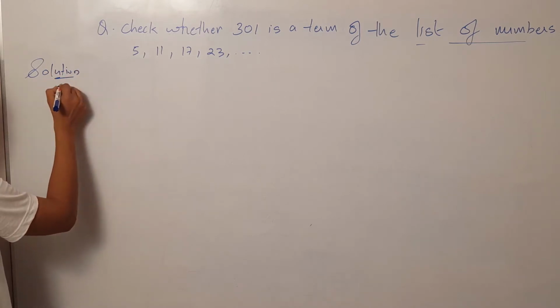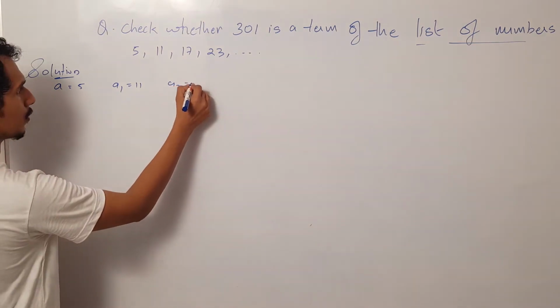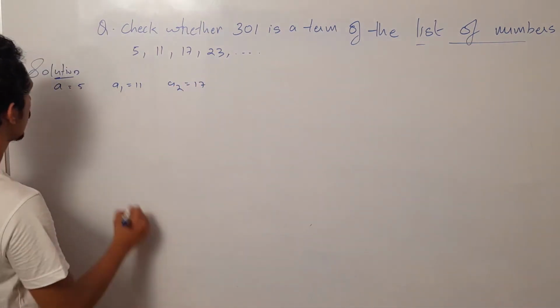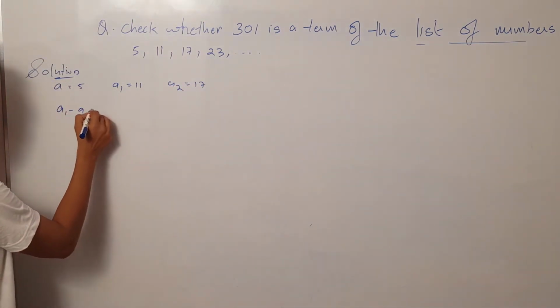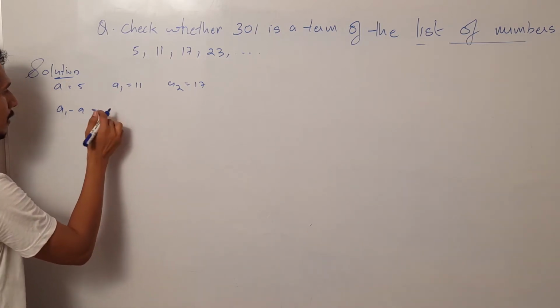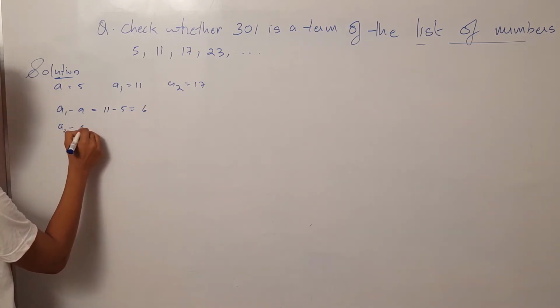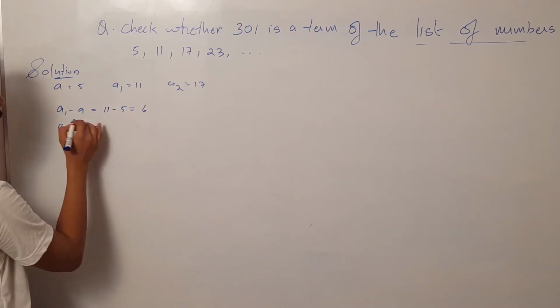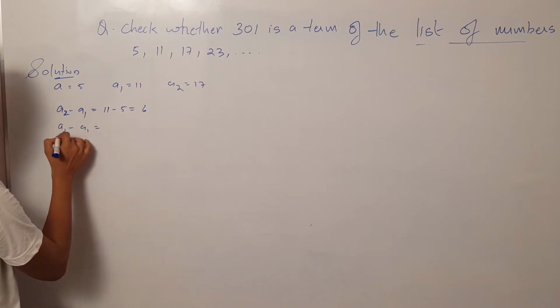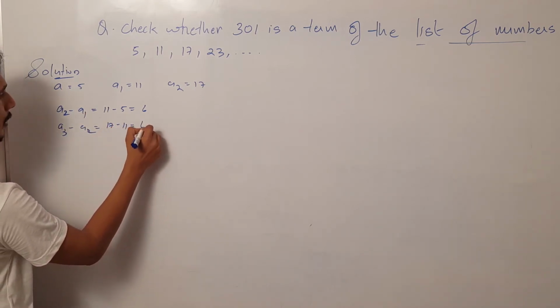You have A is equal to 5, A1 is equal to 11, A2 is equal to 17, etc. So what is A1 minus A? It's d. Let's not call it d yet. That is 11 minus 5 is 6, and A3 minus A2 is 17 minus 11, which is also 6.